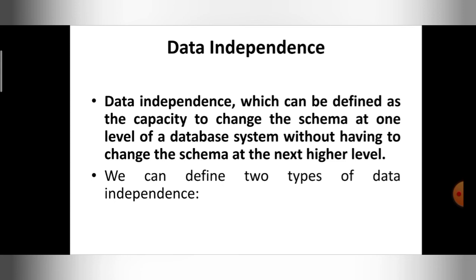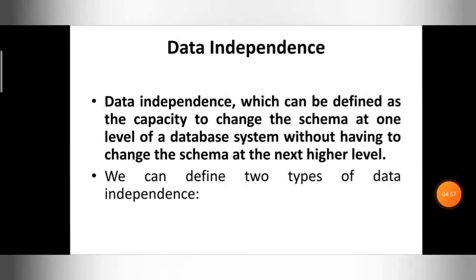In simple words, if you want to change the internal schema, you can change it without affecting the conceptual schema. If you want to change the conceptual schema, you can change it without affecting the external schema. So here schemas are independent of each other. You can change one schema without affecting the other schema.